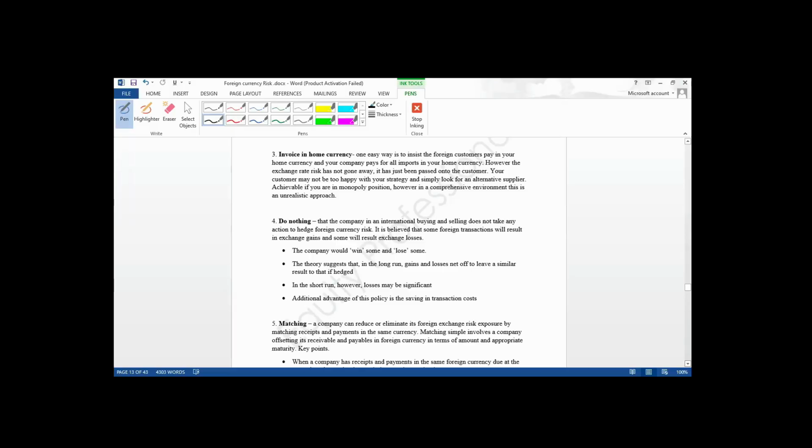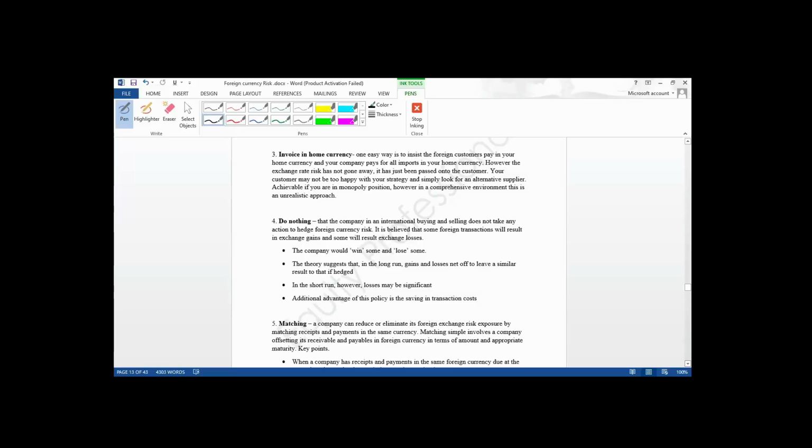It is believed that some foreign transactions will result in exchange gain, and some will result in exchange loss.